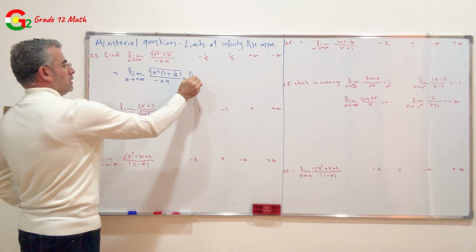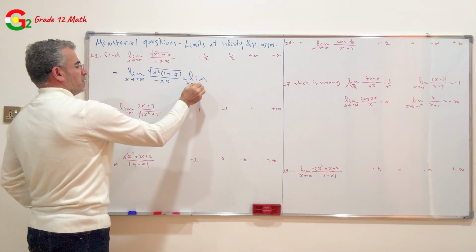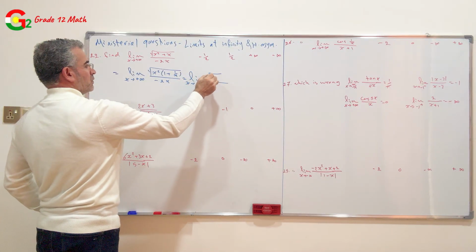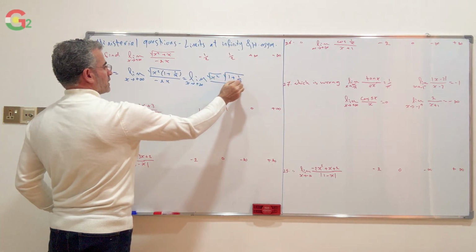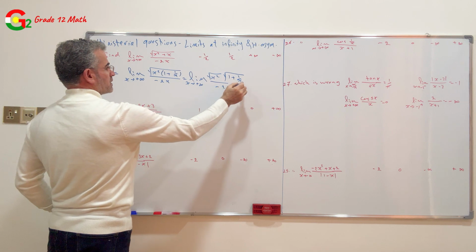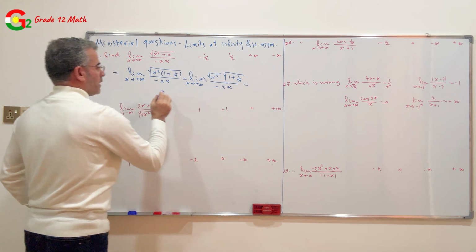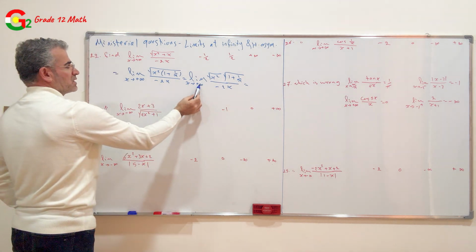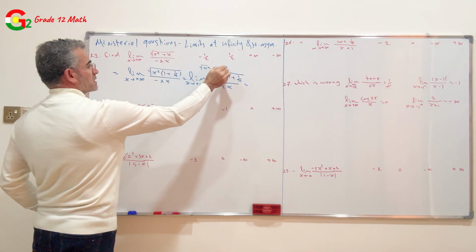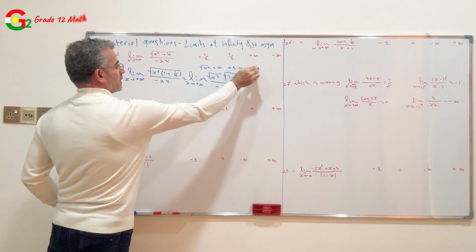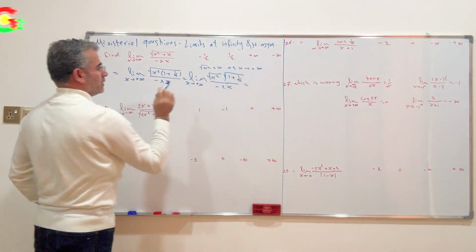Since x approaches positive infinity, the square root of x squared equals x.